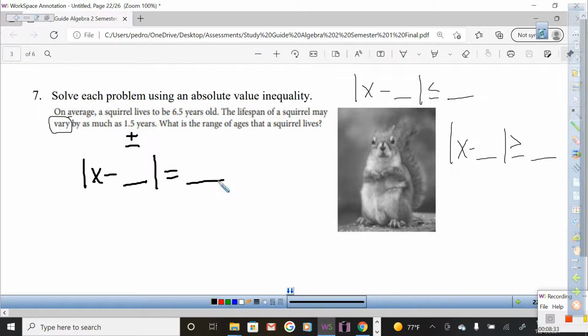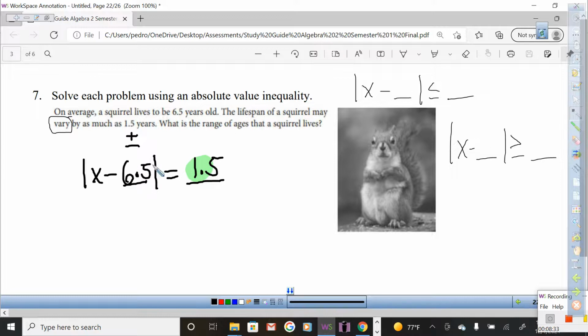Alright, so with that said, what goes there? Juliana? 1.5 is correct. 1.5. Copy that, please. Why? Because this one is what? Plus, minus. So if that's 1.5, what goes inside, Andy?